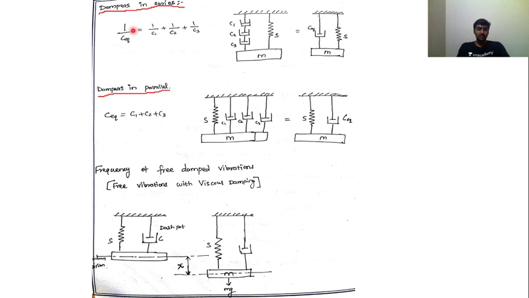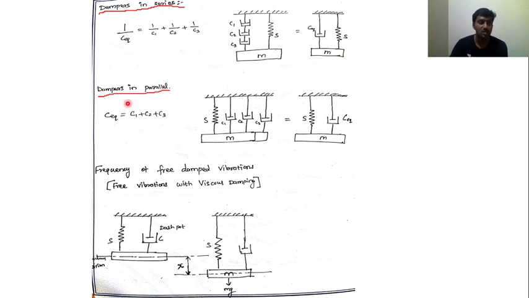The equivalent damping coefficient for series connected dampers uses the same formula as for springs in series: 1 divided by C equivalent is equal to 1 divided by C1 plus 1 divided by C2 plus 1 divided by C3. Next, dampers in parallel.